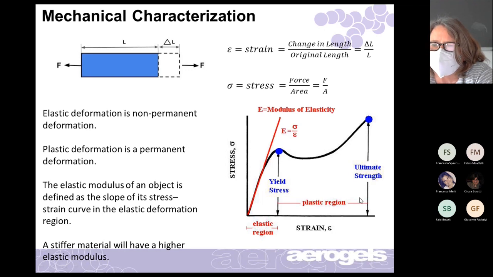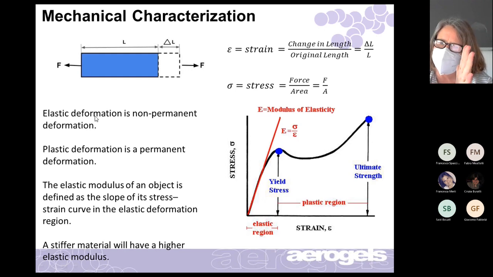And this will look something like this. A typical material, as you pull on it, stretches, stretches, stretches, and then eventually it yields. And so this first region is called the elastic region. So if I pull it and I release the force, it goes back.